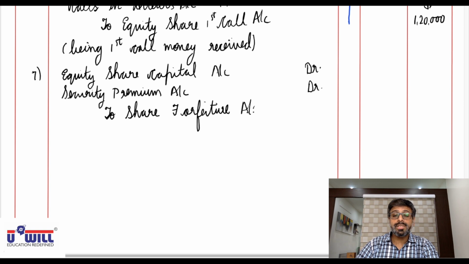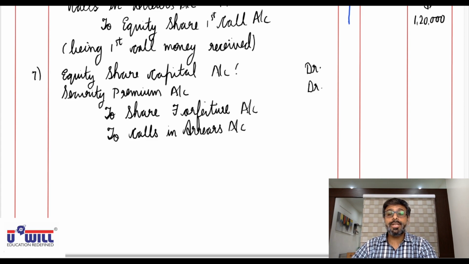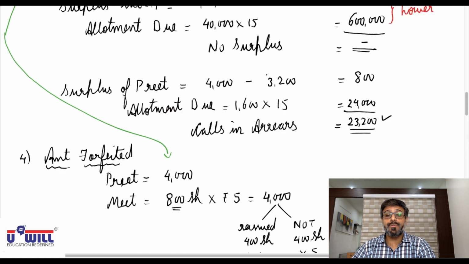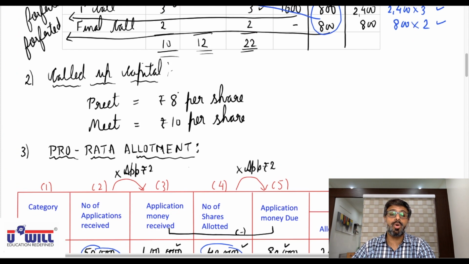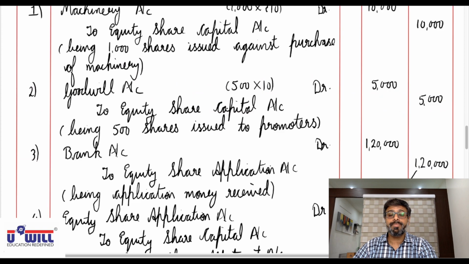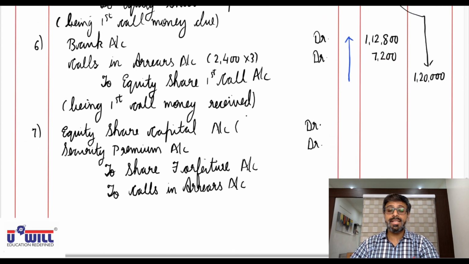To calls in arrears account. Now equity share capital account debit, number of shares forfeited, that is 1600 of Preet into called up capital 8. So 1600 into 8, 12,800.